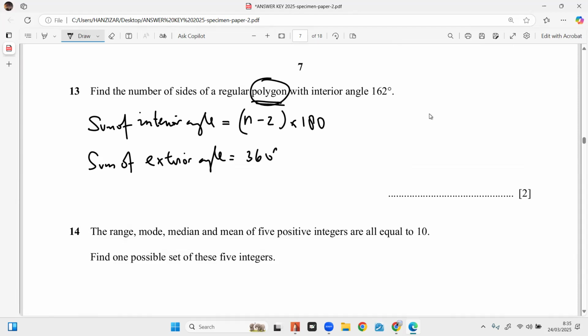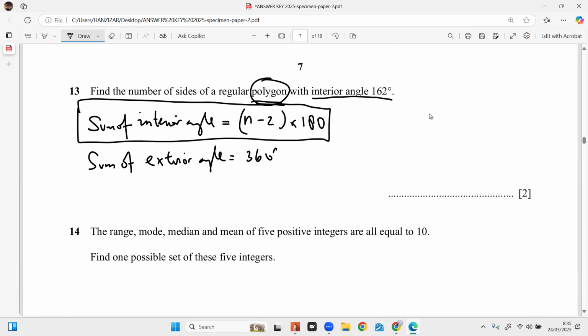Okay, we have the clue of the interior angle. If you want to use this formula, you will find that it's very hard, right? What is the sum of interior angles? 162 times n, because one interior angle is 162.